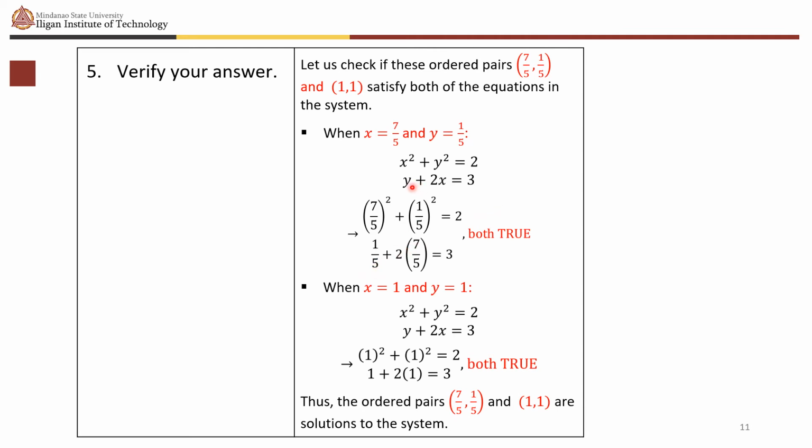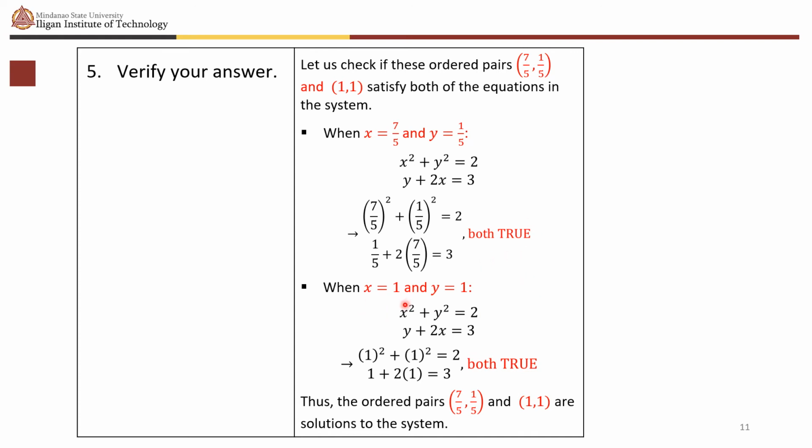On the other hand, for y plus 2x equal to 3, that is 1/5 plus 2 times 7/5. Again, the LCD here is 5, so we have 1/5 plus 14/5. That's 15/5, which is equal to 3, so it's also true.